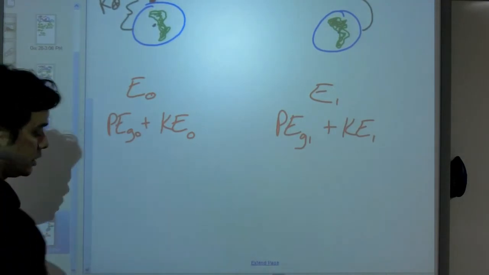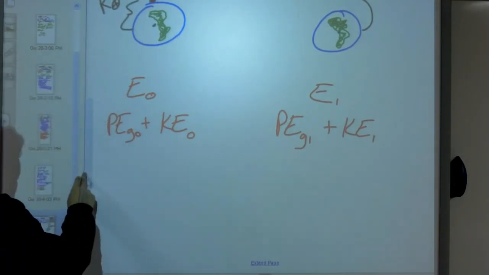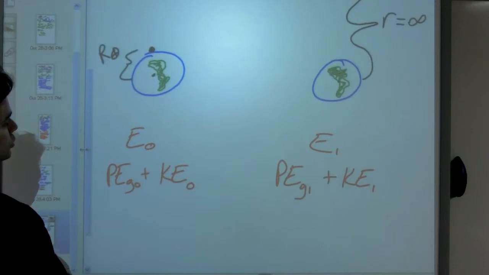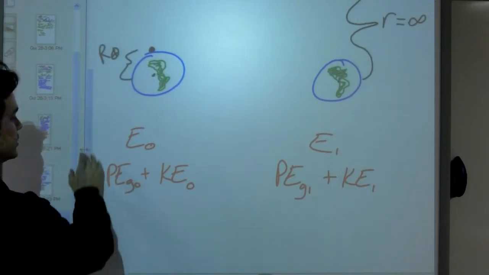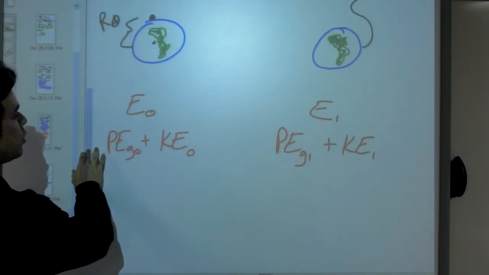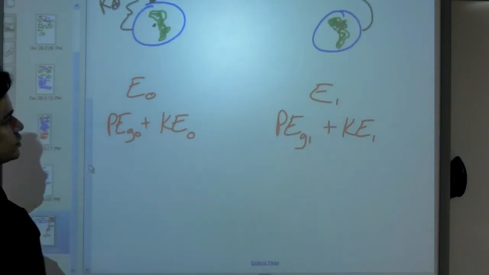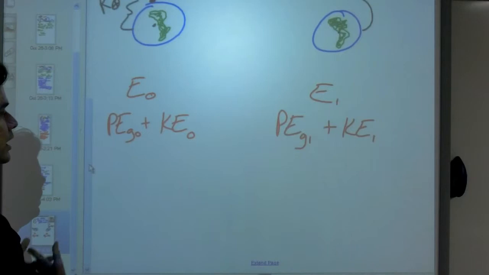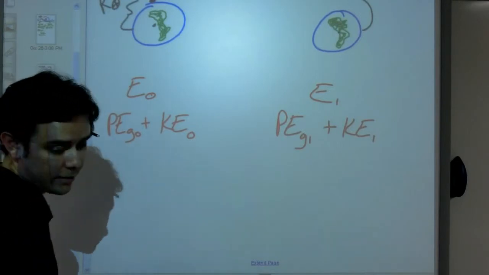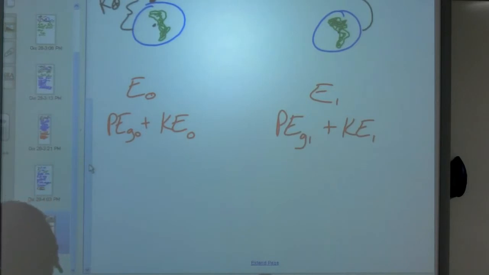Okay? So, in this case, we can't use simply potential energy due to gravity is mgy, because we're not near the surface of the Earth. Just like before when we couldn't use the force of gravity equals just mg, now we can't use mgy as our potential energy due to gravity. But we do have another equation for it.